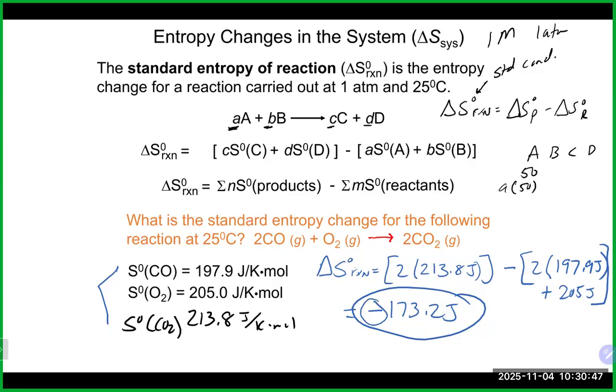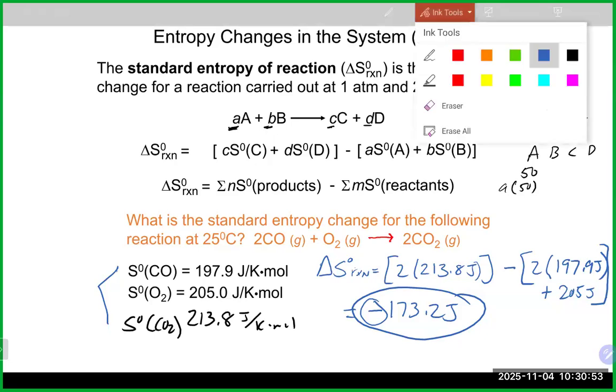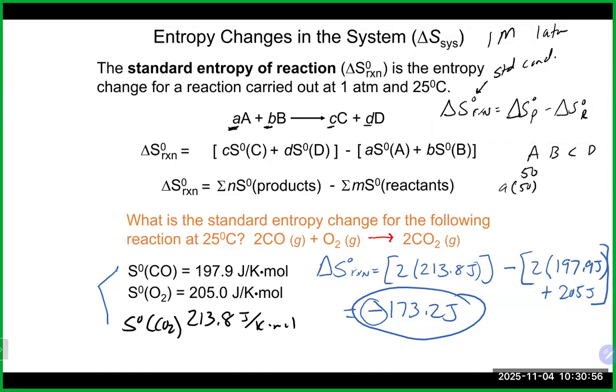By the way, this is something that we could have predicted by just looking at the reaction. If I look at the reaction before even doing a calculation, I have 2 gas molecules there and 1 more. That is a total of 3 gas molecules. On my product side, I am ending up with 2 gas molecules.